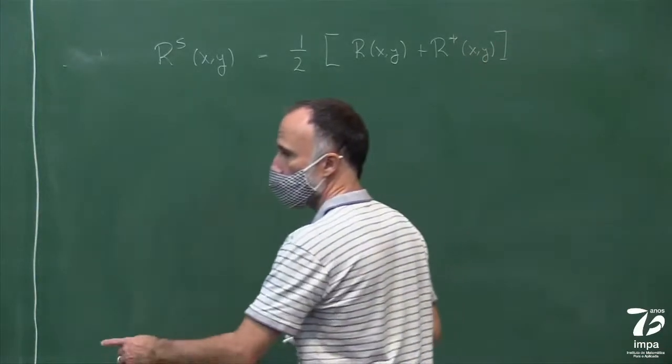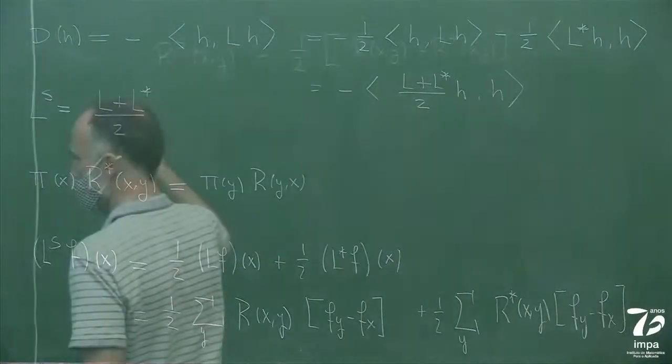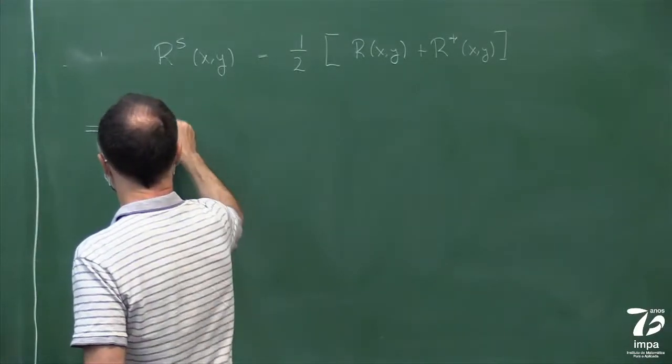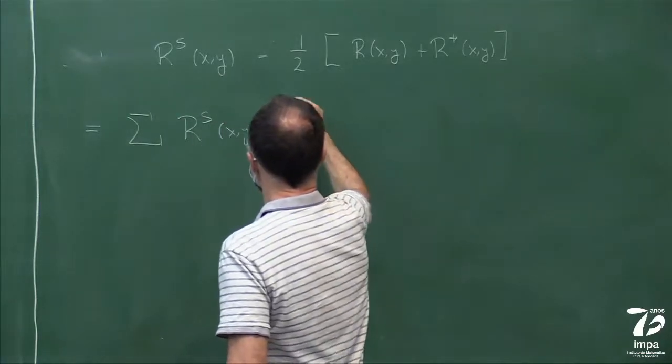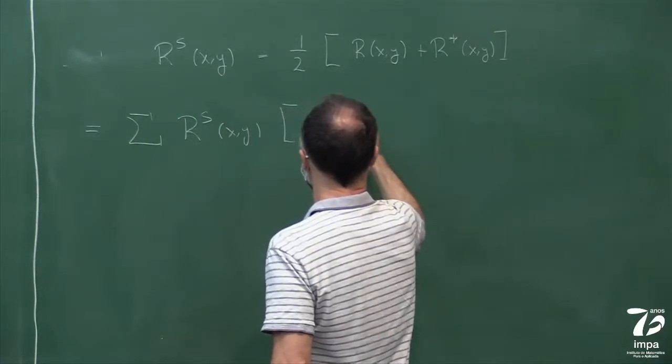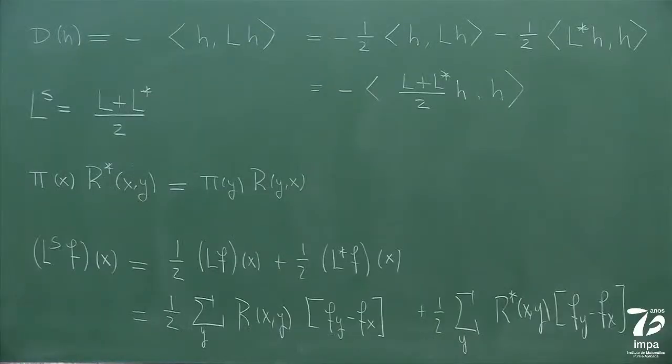So I can rewrite this as the sum of Rs xy times fy minus fx.